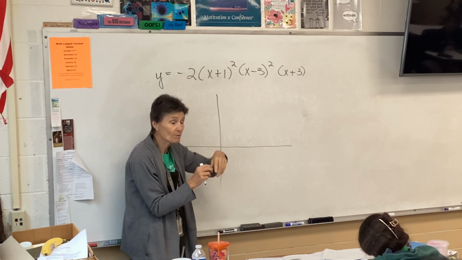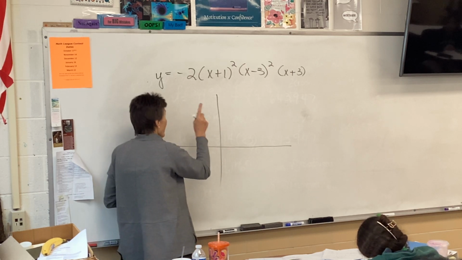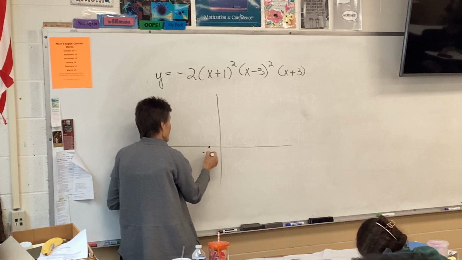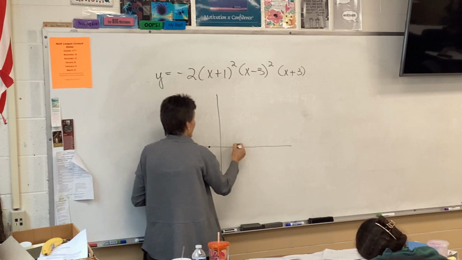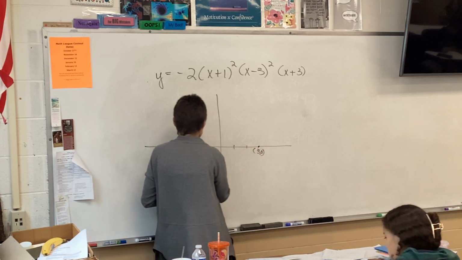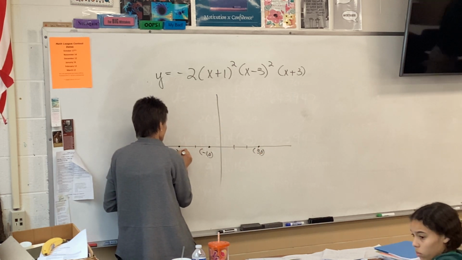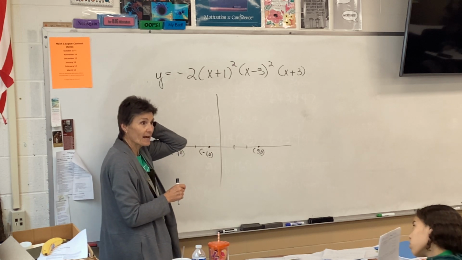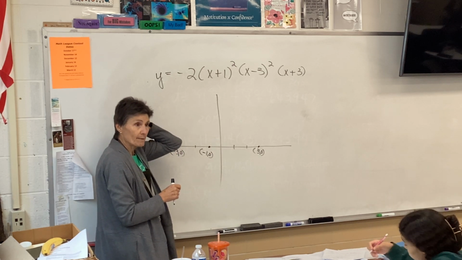Okay, bless you. So, what gets plotted? What are my x values? -1, +3, and -3. Would everybody agree with that? Okay.